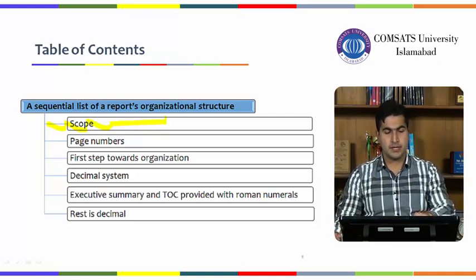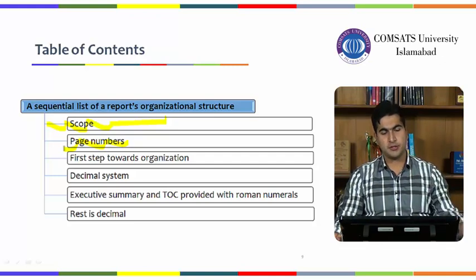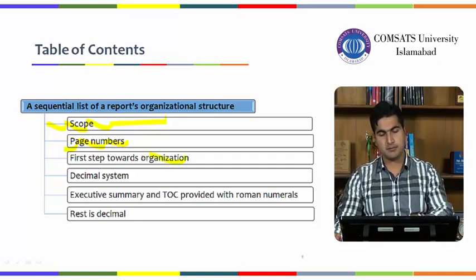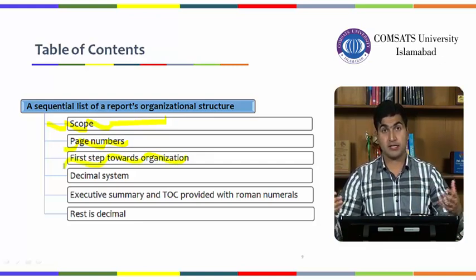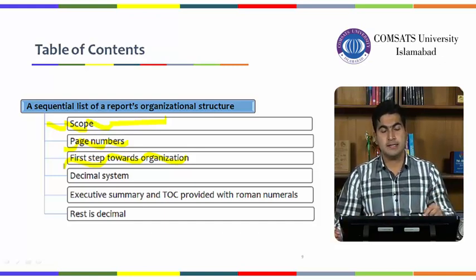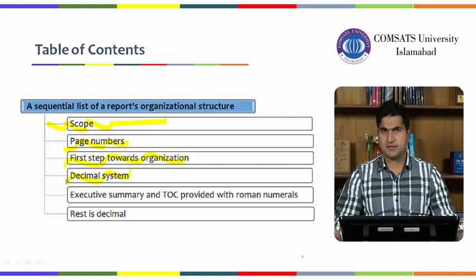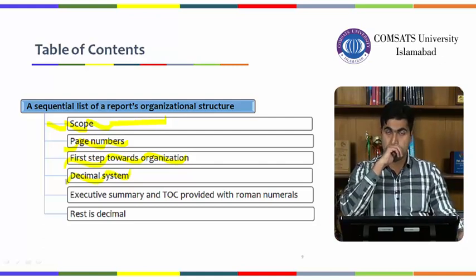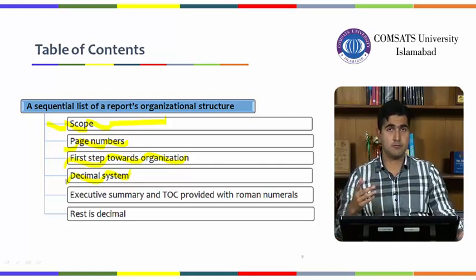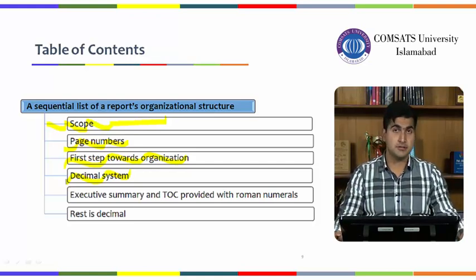So the focus is on providing a page number for each section. It's like the first step towards showing your organization, how organized you are and how you prioritize things. Then it uses the decimal system. Can you think of what the decimal system was? I just talked about it in good detail.